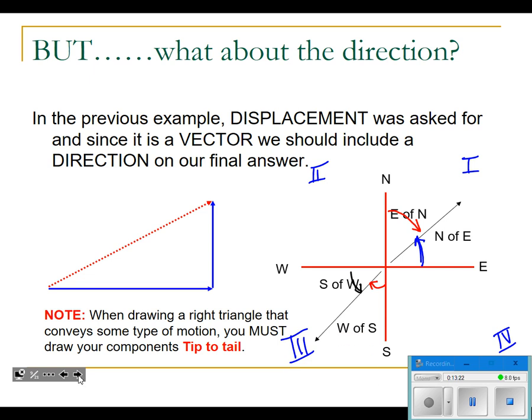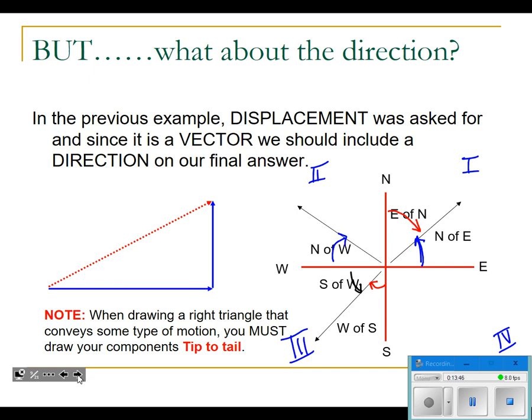So it's always about where you're measuring from. It goes last. And then you tell which direction you're going from that. So on this one, if I went up from the west, that would be my north of west.